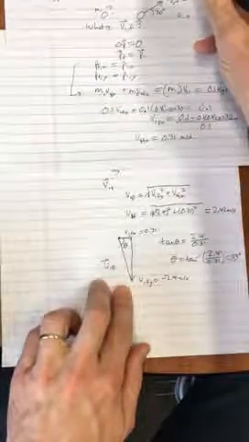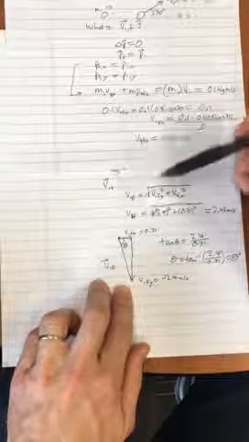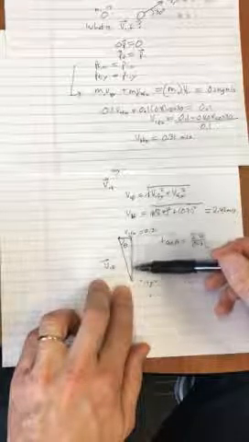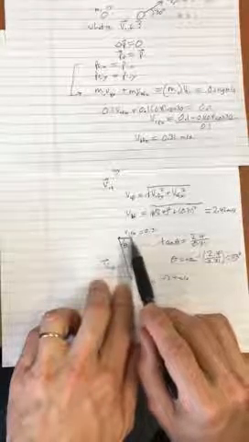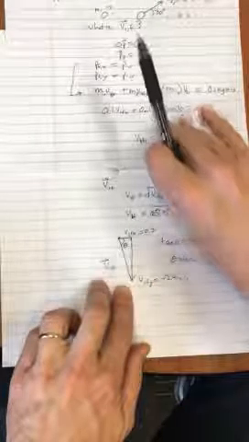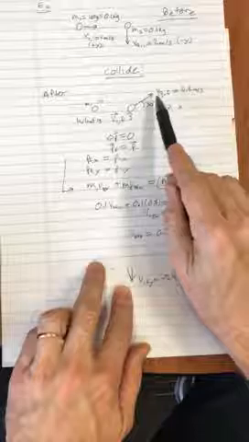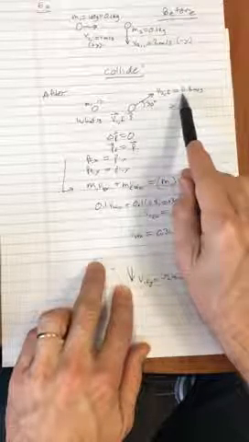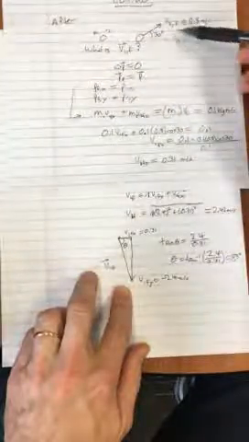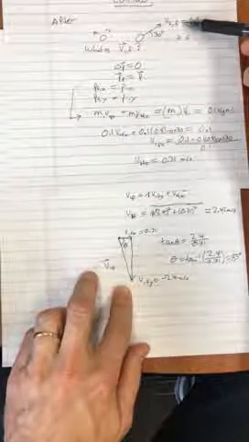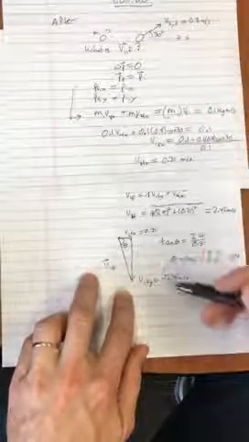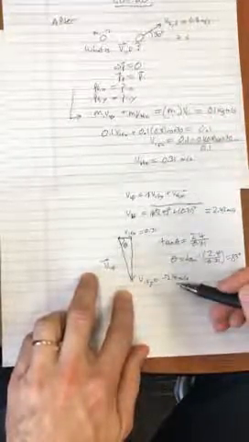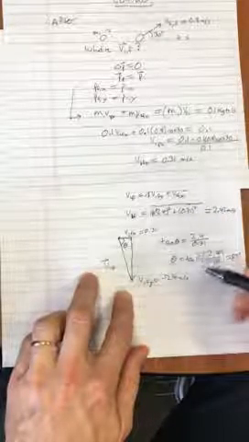Our initial momentum was entirely down and to the right, so we're going to have a downward component for puck 1, and we have a little bit of a rightward component for puck 1 to make up for the fact that this one is going kind of slowly, and a big downwards component for puck 1 to account for the fact that this one's going up a little bit. So qualitatively that makes sense, and we trust that we were careful with our math here to get the numbers right.